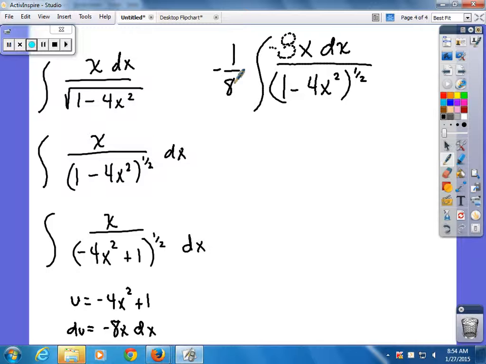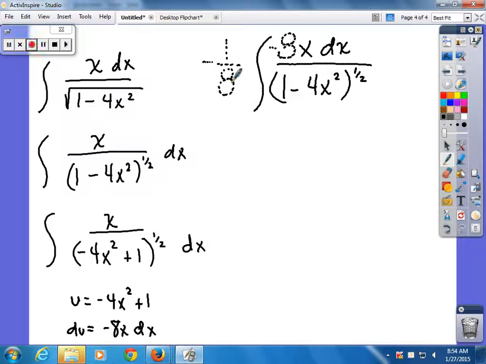Negative 1/8 out there. So now once you have that, you have negative 1/8 times the antiderivative of what?